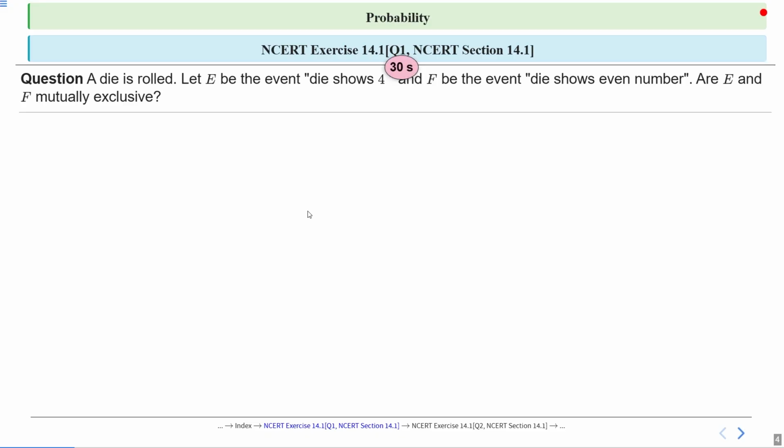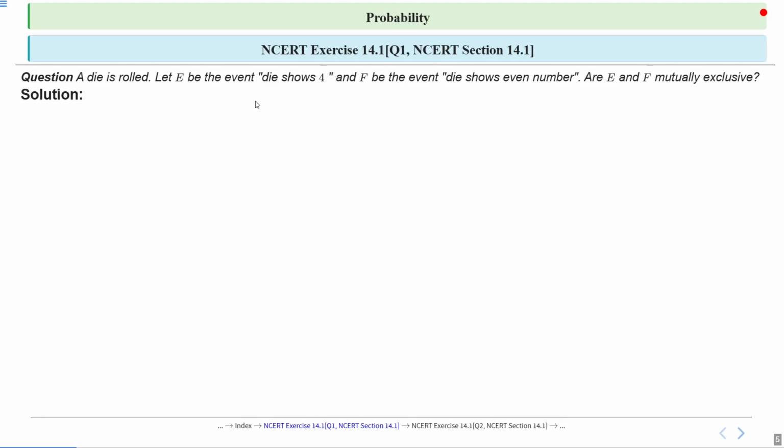So you have 30 seconds to try to solve this question, and then we will provide the solution. Okay. So now we will see how to solve this question.